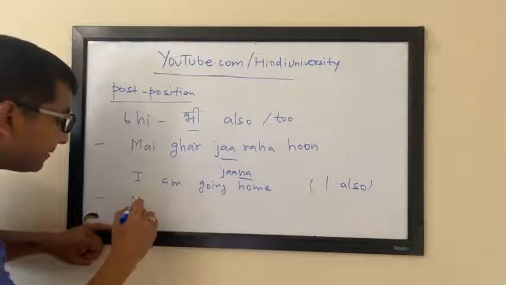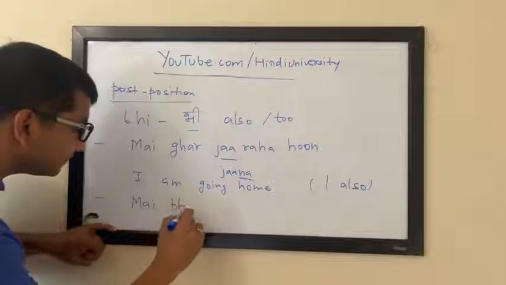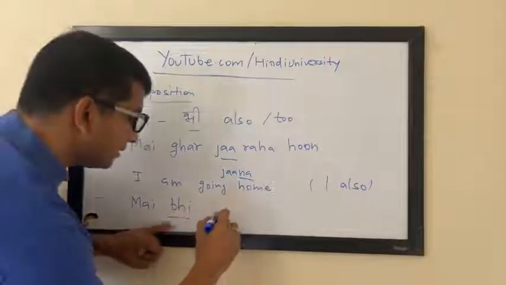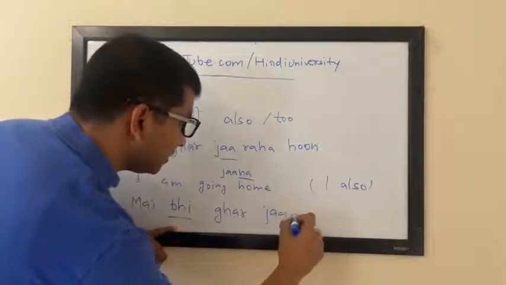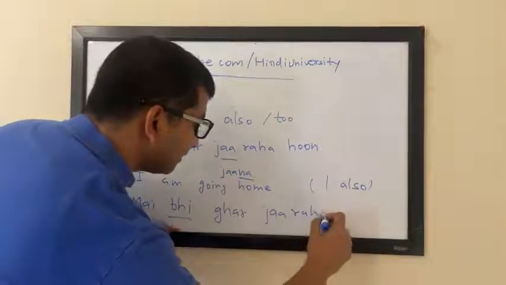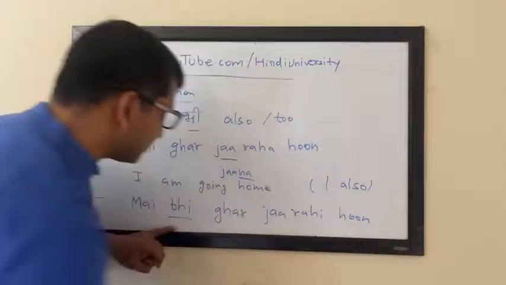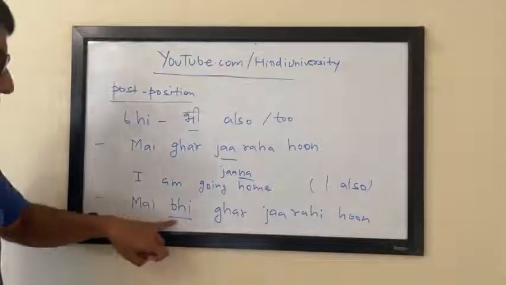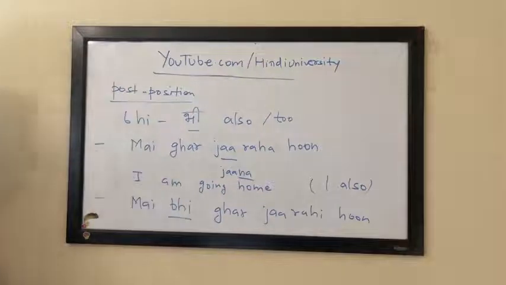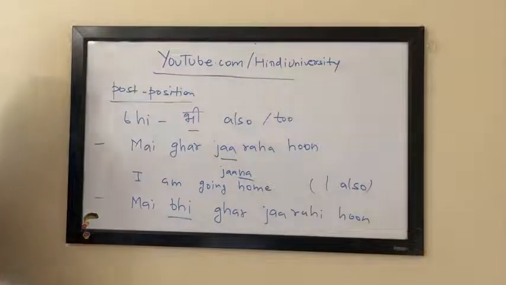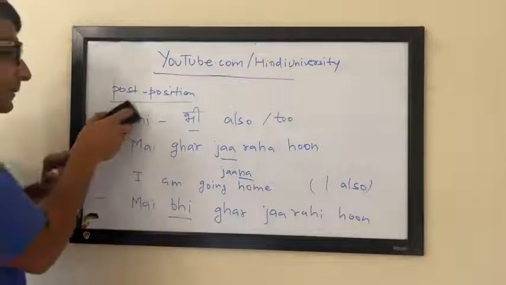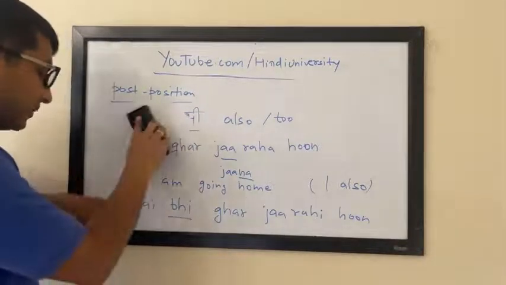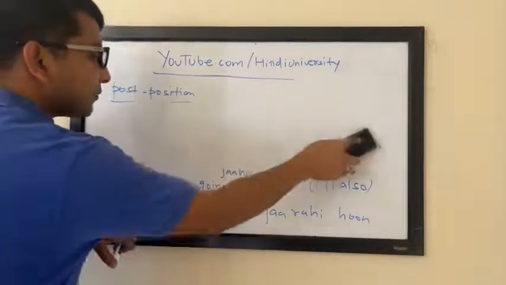She can say मैं भी घर जा रही हूँ. So this is giving the indication of I, me too, or I'm also. Okay, मैं भी घर जा रही हूँ. Okay, simple sentence.